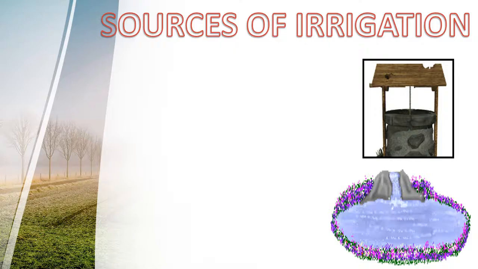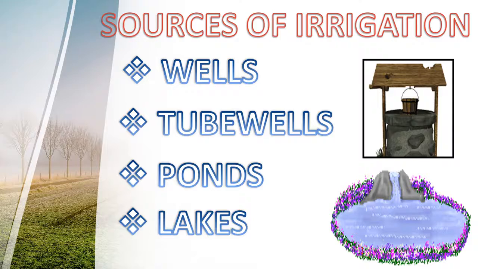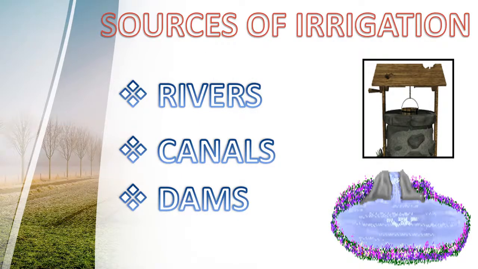Sources of irrigation. There are various sources through which water supply for irrigation comes: wells, tube wells, ponds, lakes, rivers, canals, dams.